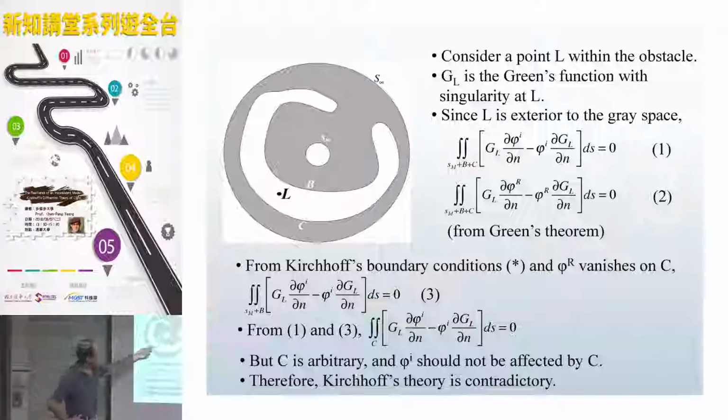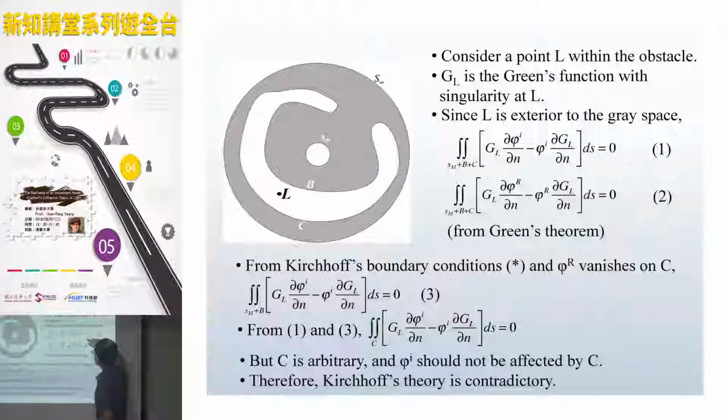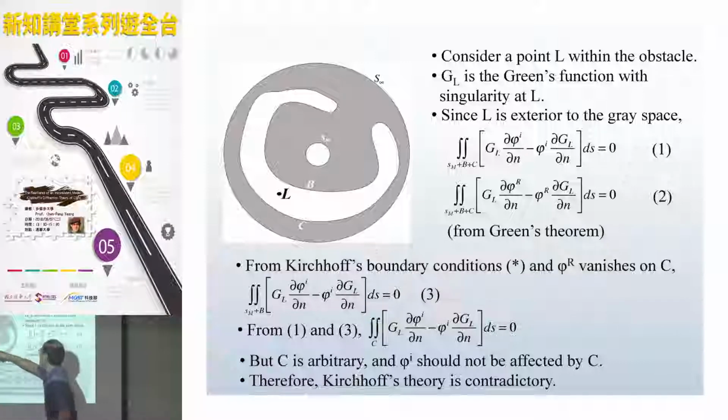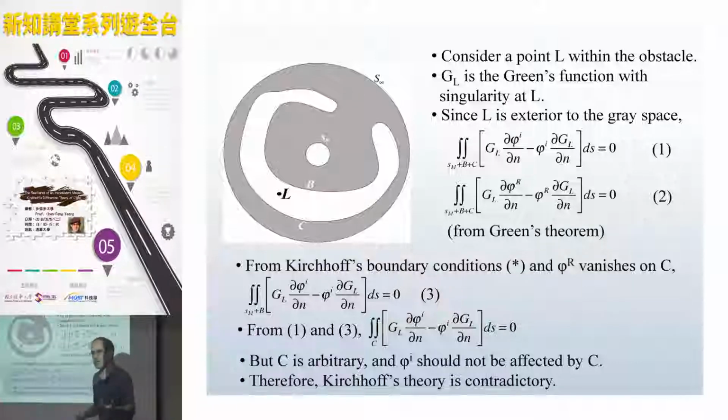So for that Green's function, we can confidently write that this integral should be equal to 0 according to Green's theorem. Why? Because L is outside this gray area, and this integral deals with the spatial functions in the gray area. So in the gray area there's no singularity because GL is out of the gray area. So according to Green's theorem, this integral should be equal to 0.